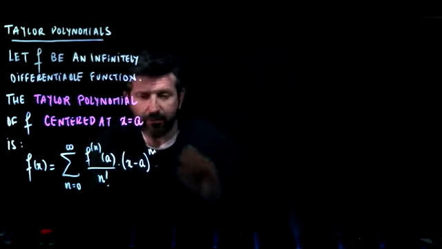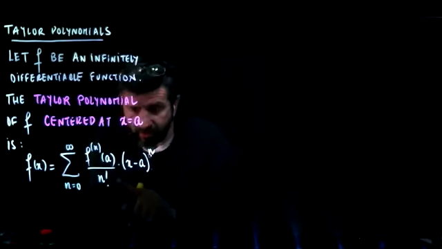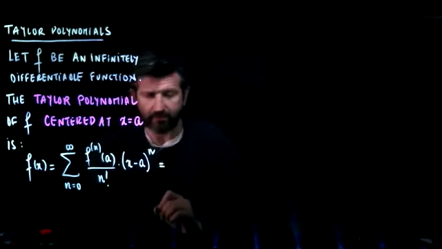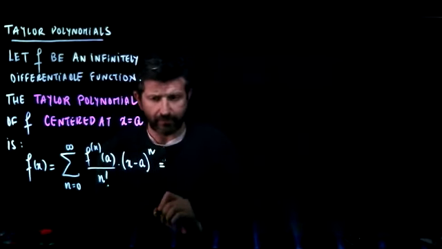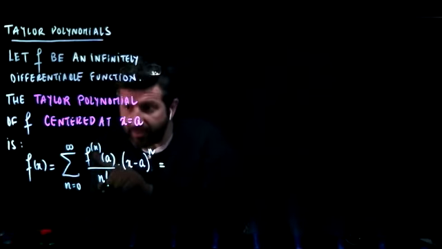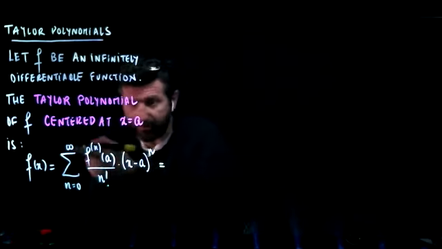Okay, at this point, let me expand this so that you could really visualize what we have here. The 0th derivative, in other words, just f, we don't derive it.